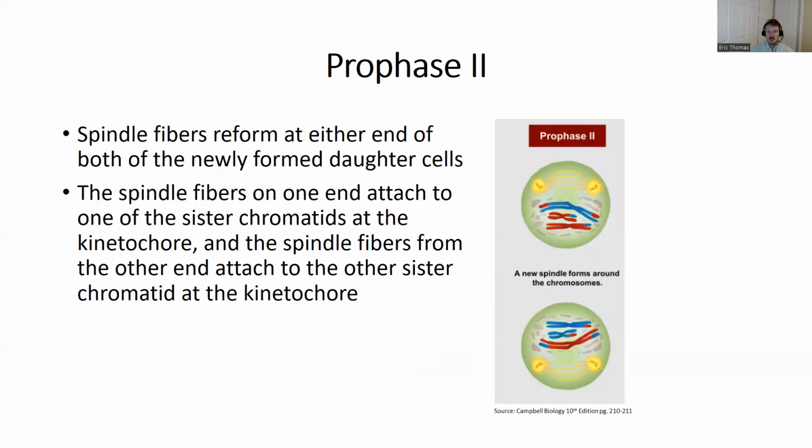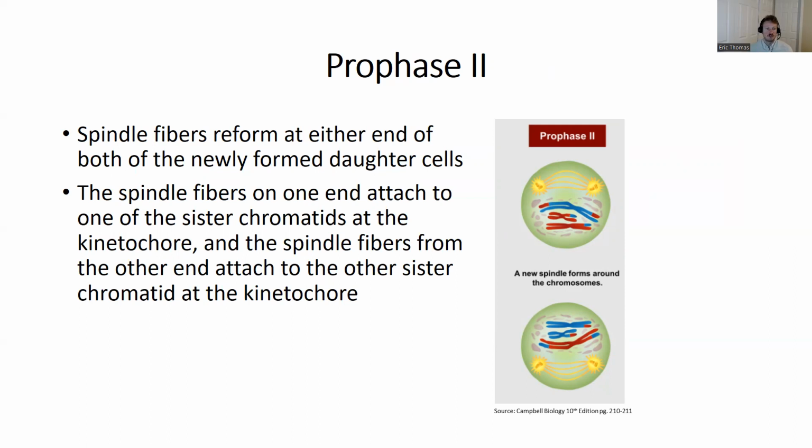Prophase 2. In both of our daughter cells now, the spindle fibers that were present during meiosis 1 form once again. It's the same mechanism, same machinery from meiosis 1 that happens in meiosis 2.